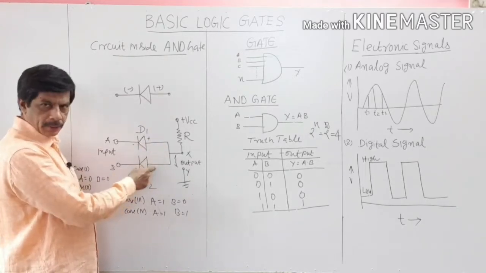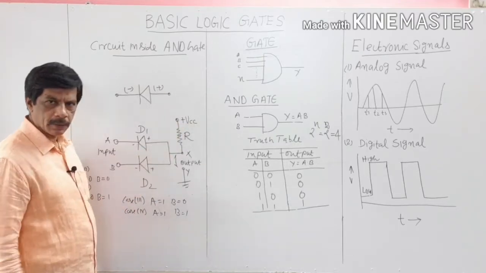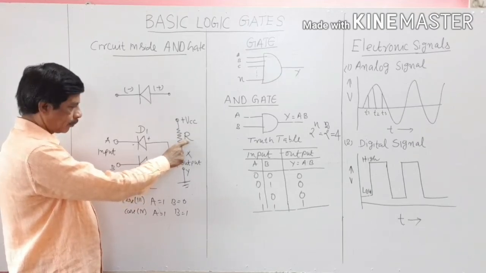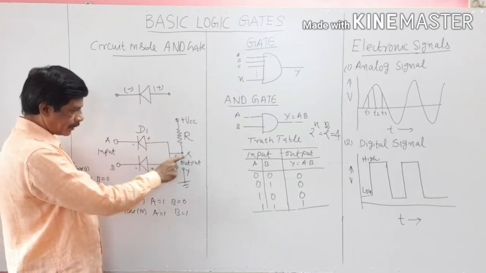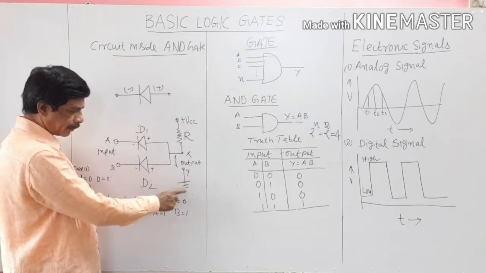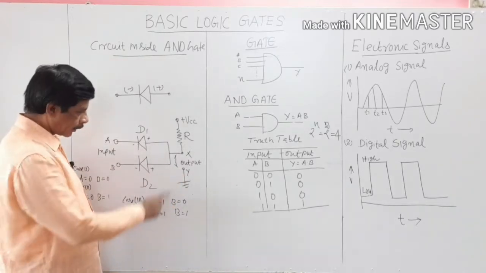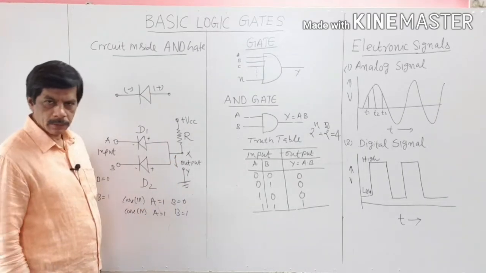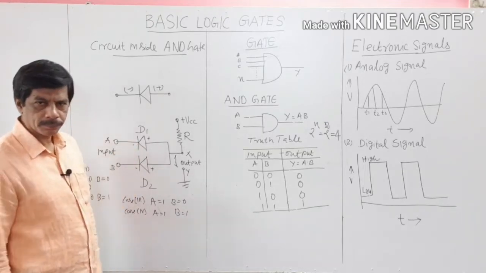This interconnection is given to plus VCC through the resistor capital R. The common anode point is represented as capital X. The floating point connected to ground is capital Y. Across the points capital X and capital Y, we measure the output of this AND gate.